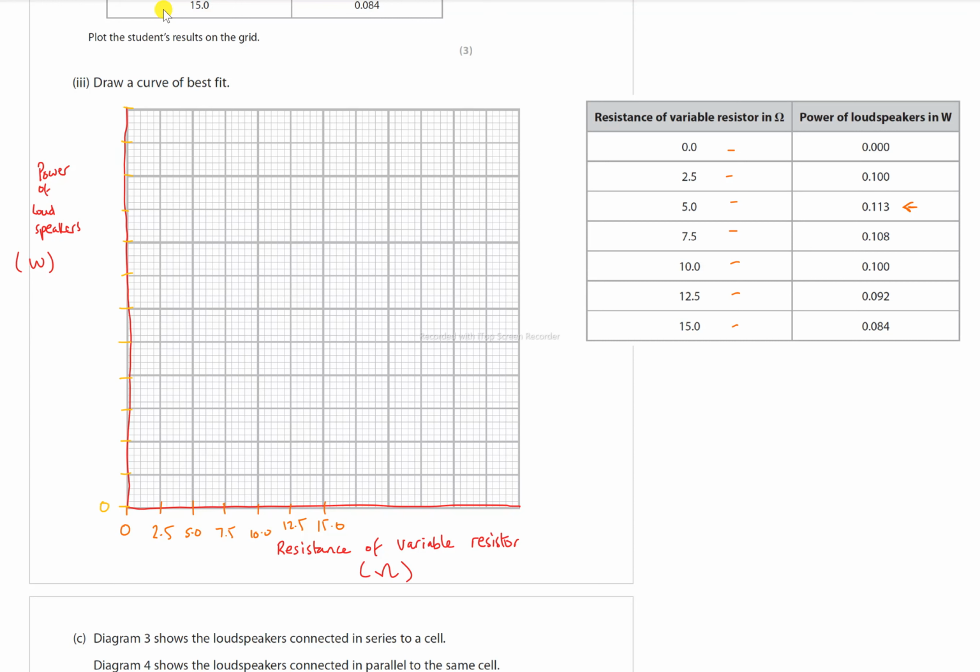Okay. So I can do this, right? I can do 0.1, 0.2, 0.3. It's a bit painful this, but it's got to be done. 0.4, 0.5, 0.6, 0.7, 0.8, 0.9. No, I am lying. Oh, right. Can I get away with that?